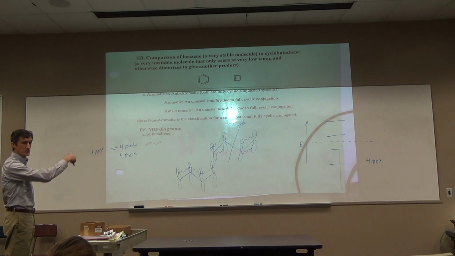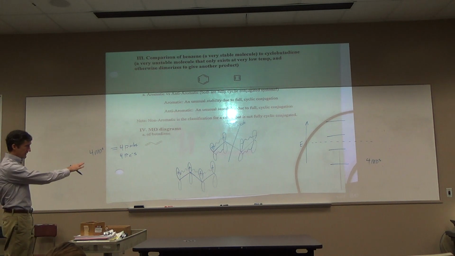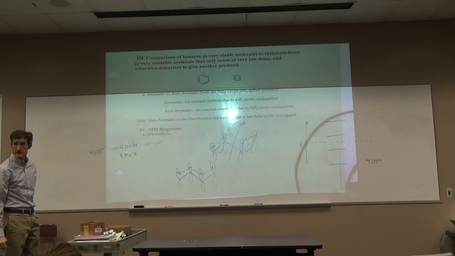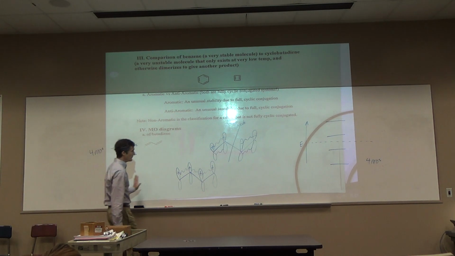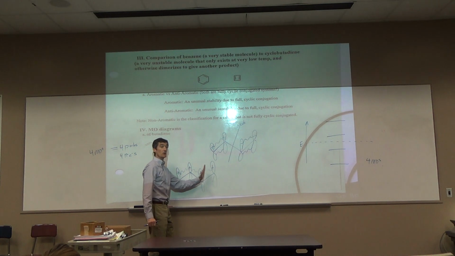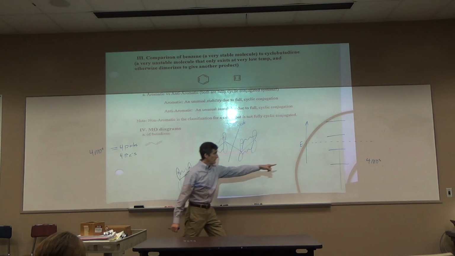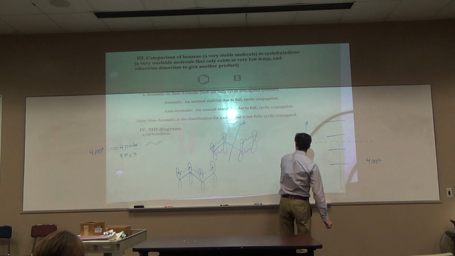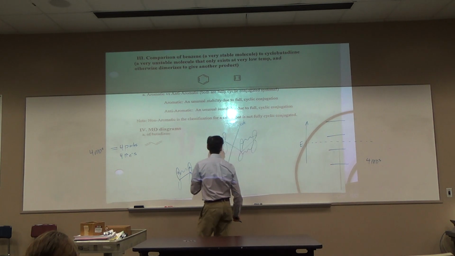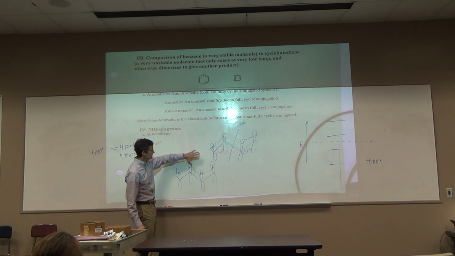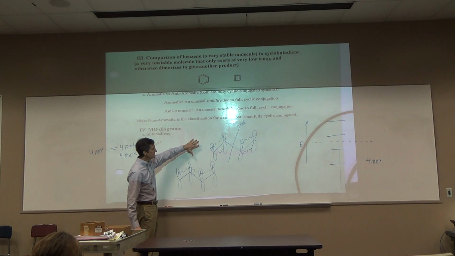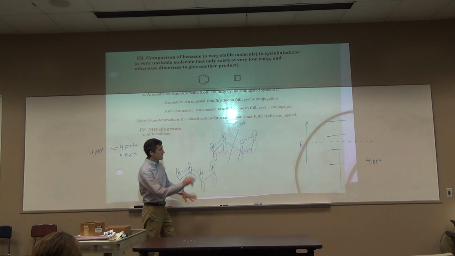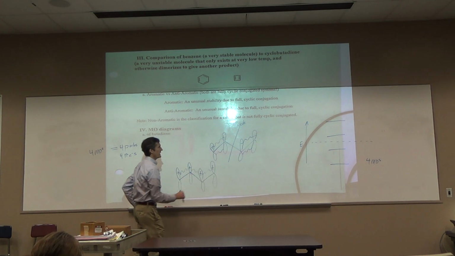Now, which situation looks better? My lower one or my upper right? Yes, all overlap is better, lower energy. Okay? Oh, by the way, I should have drawn this just straight above. Because we're going to have 1, 2, 3, 4. How do we know that?